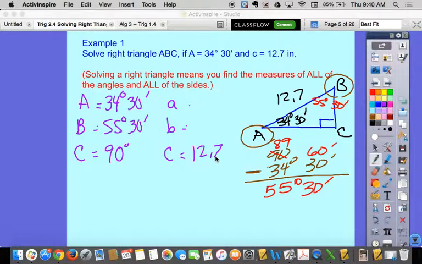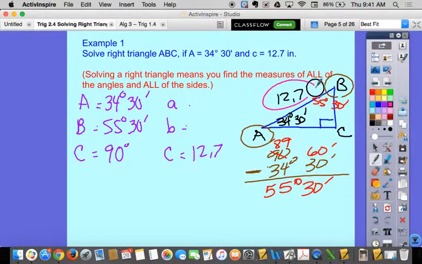Because if we had done something stupid, maybe we subtracted wrong and this is not the right angle, and we use the 55-30 to get one of the sides, that side would be wrong, wouldn't it? So go back and use the angle and the side they gave you to figure out one of the other sides.